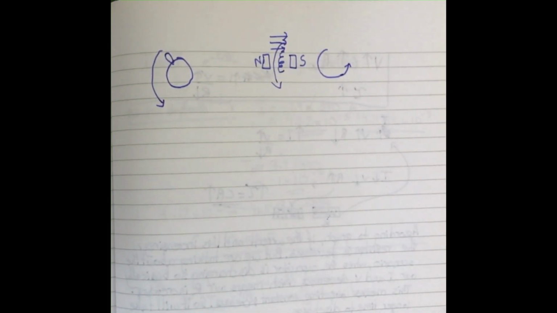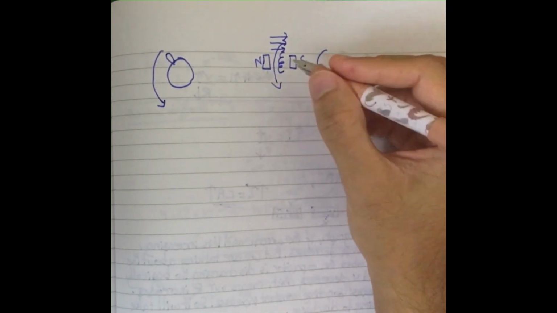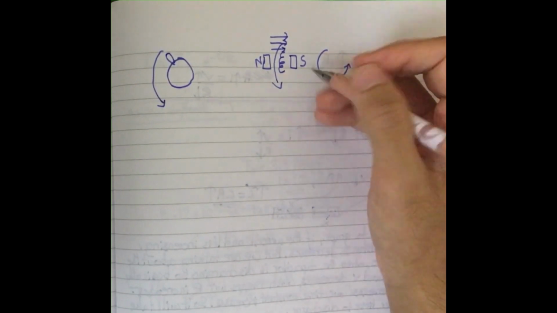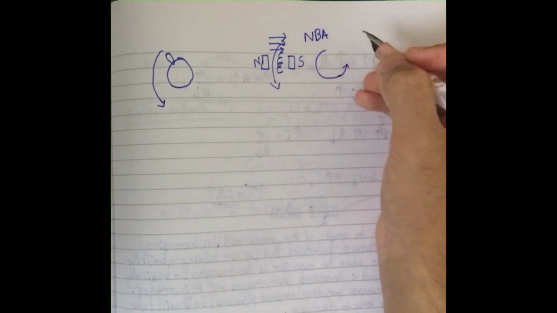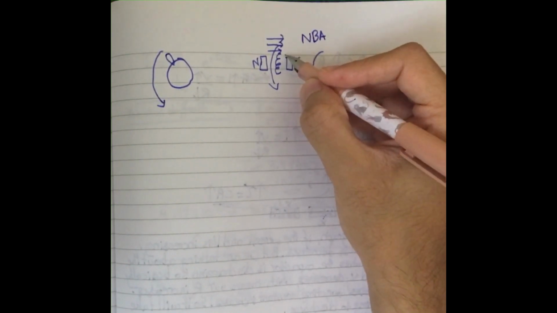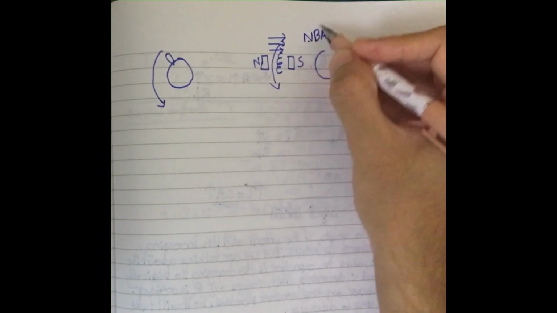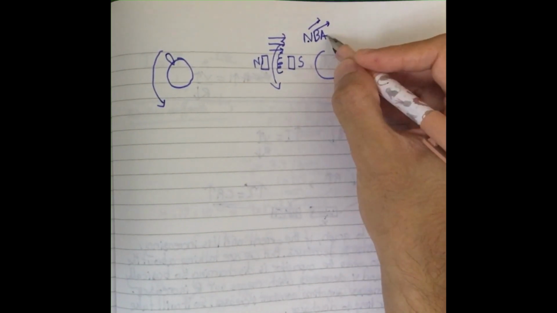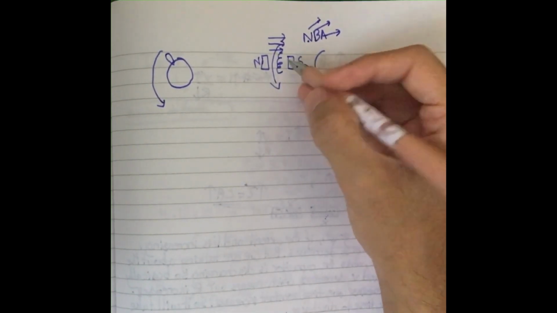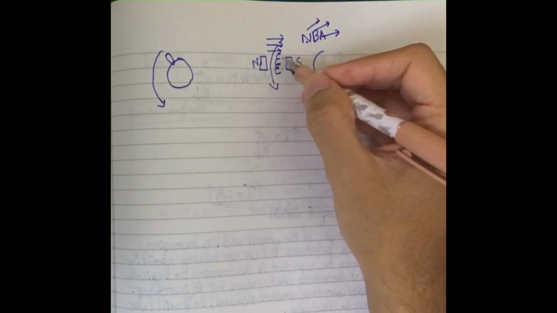Now, magnetic flux linkage is not a difficult definition. The formula is NBA: N is the number of turns, B is the magnetic flux density, and A is the area.